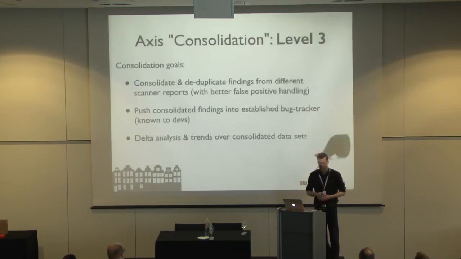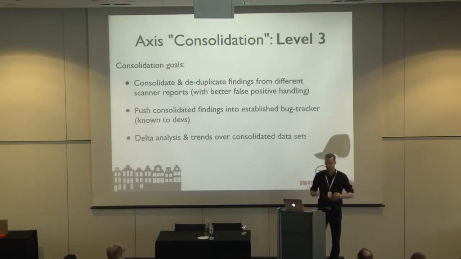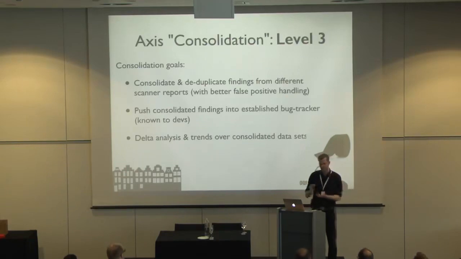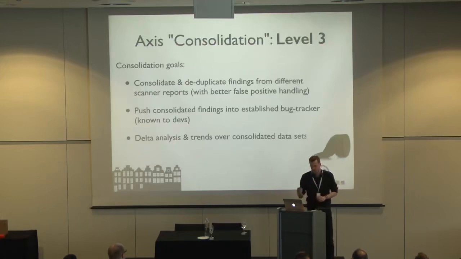Level 3 of the axis of consolidation would be to really consolidate and deduplicate the findings, which is using the results from different tools, merging them, and eventually pushing them towards the established bug trackers known to the developers, so that you can do data analysis on that, and do trends over the consolidated data sets as well.